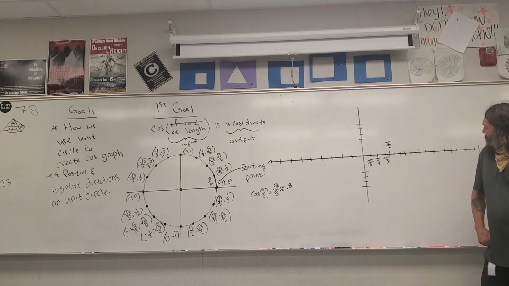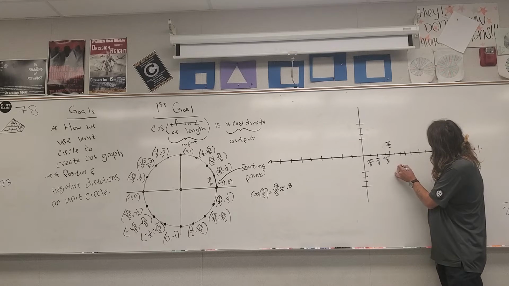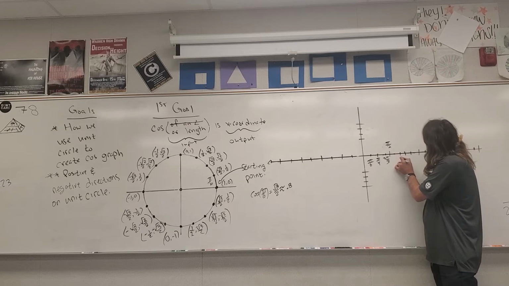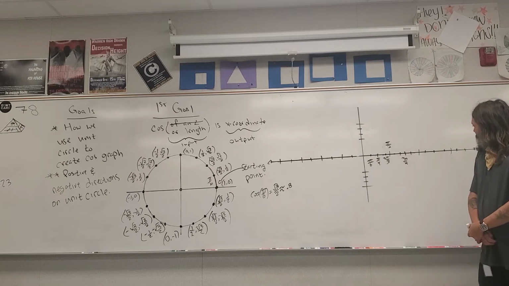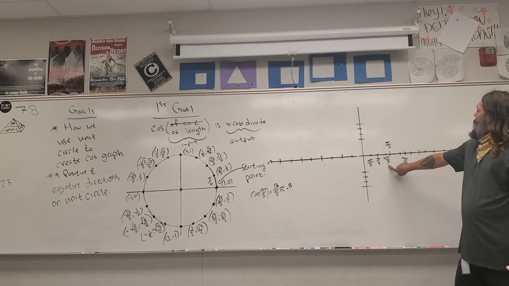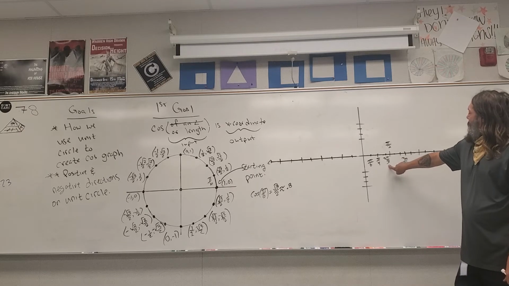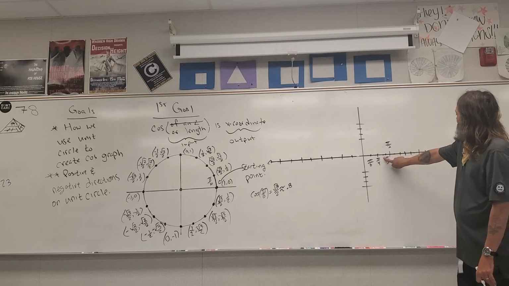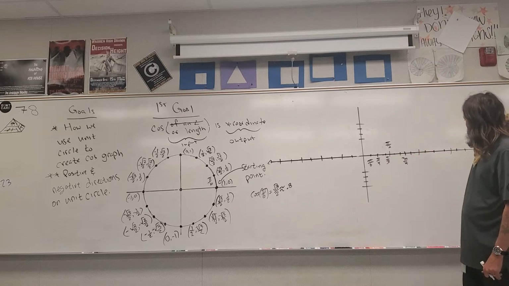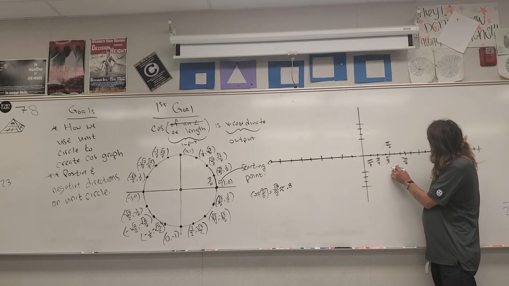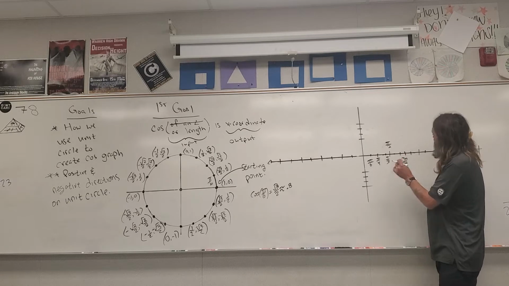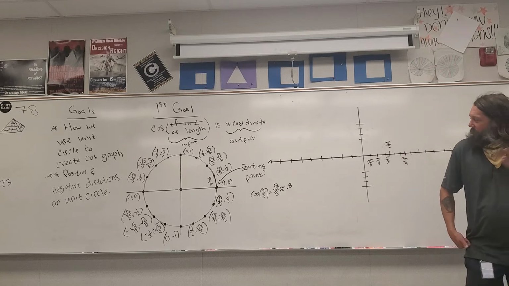And then again, we work our way around. Oh my gosh, I'm going to have to think about this for a second here. I know the middle one is 3 pi over 4. Let's see here. Wait a second. That's pi over 3, not 2 pi over 3. I have to think my way through this.